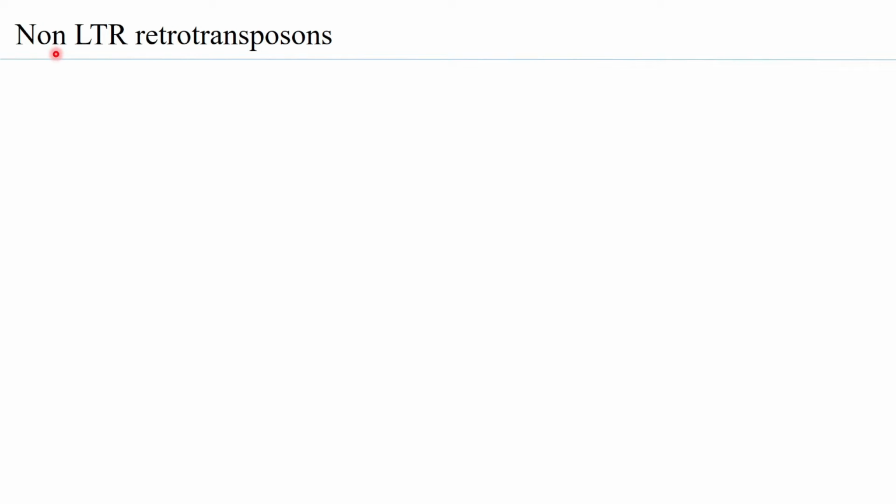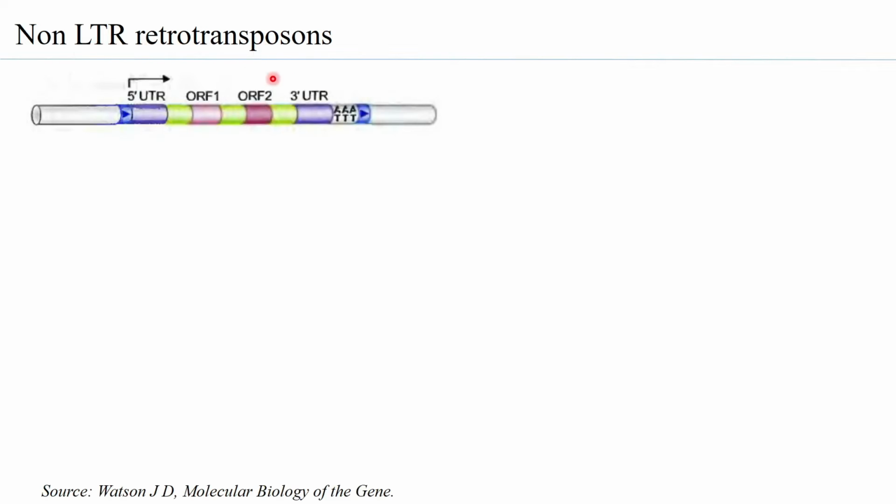Now let us go to the next type of the retrotransposons, and that is the non-LTR, that is, non-long terminal repeat retrotransposons. So what you have in these retrotransposons, very obviously, is that you don't have the LTRs flanking the transposon ORF element. You do have the 5' UTR.